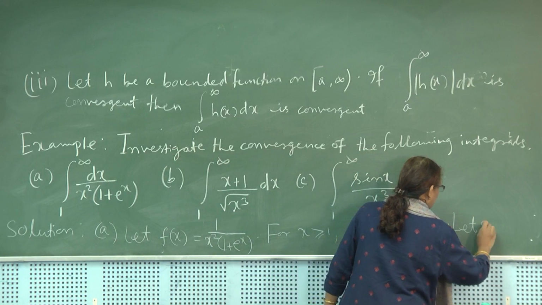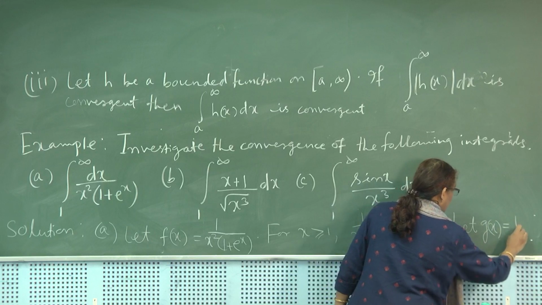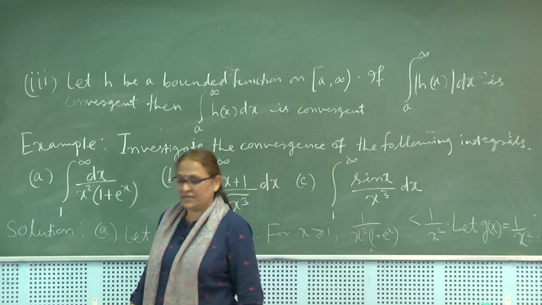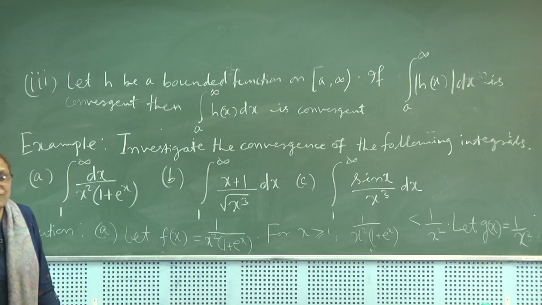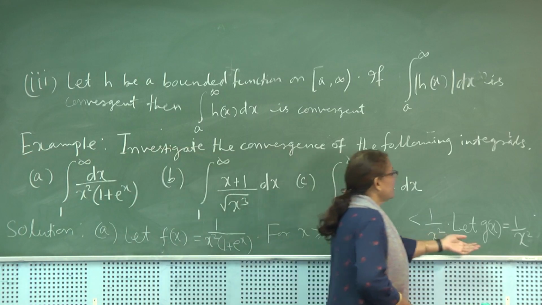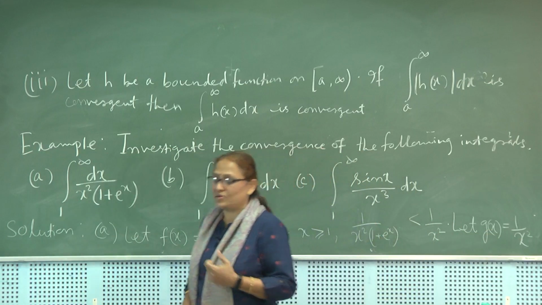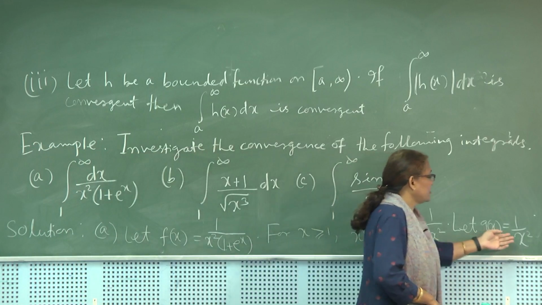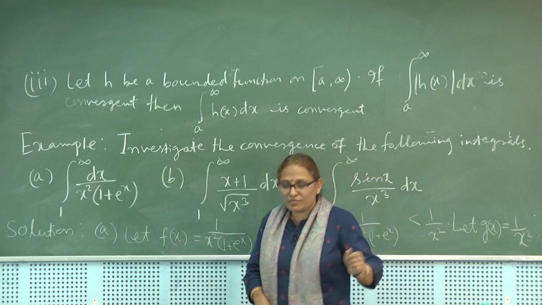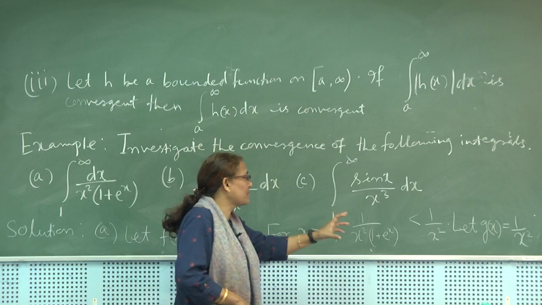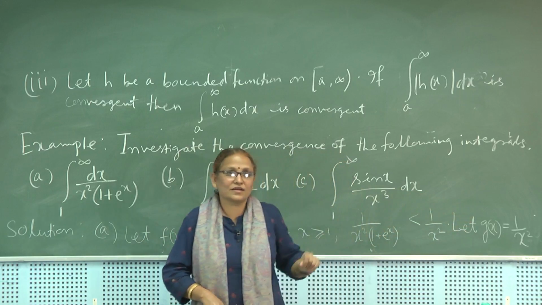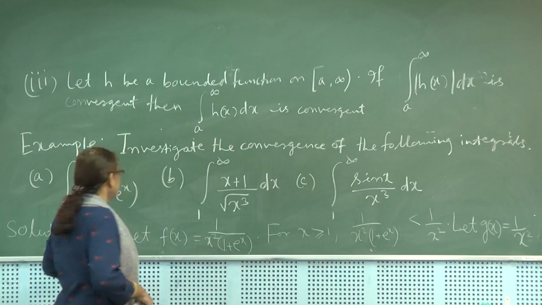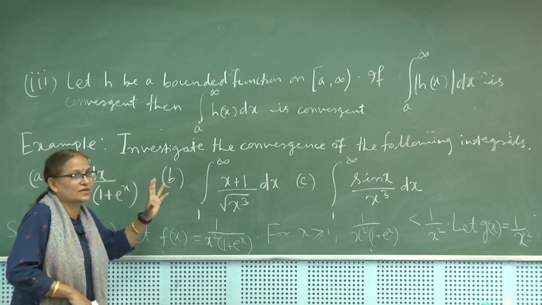Therefore, we take g(x) to be 1 by x square, because this function looks somewhat better, and through our definition of convergence of improper integral we can always verify the convergence of the improper integral of g(x) dx, x varying from 1 to infinity.